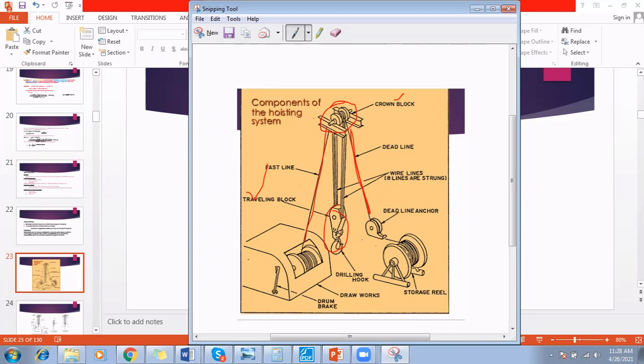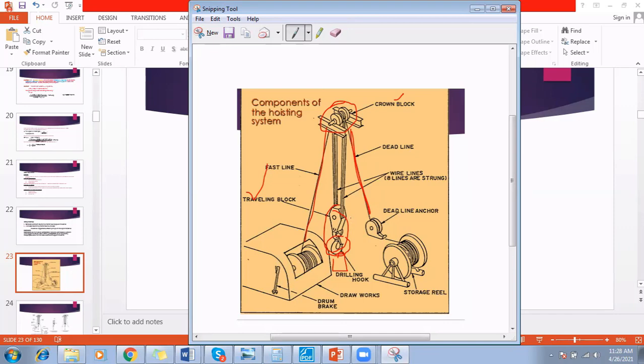Okay, and at the lower side of the traveling block, there is a hook, and this hook is actually attached to the swivel, and the swivel is attached to the drill pipes, or that assembly is actually holding the drill pipe.